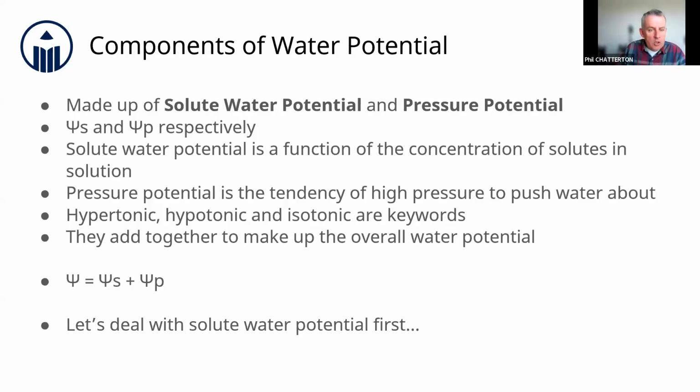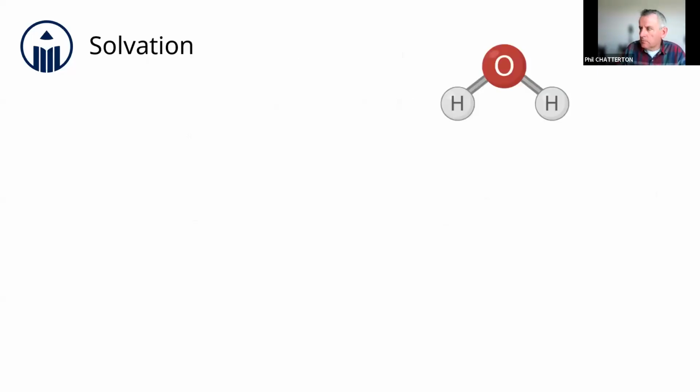Now, solute water potential. We're going to talk about solvation. This is the way that water acts to dissolve other things. You'll know from previous subtopics that water is often known as the universal solvent. It's very, very good at dissolving other things. It's one of its important properties that makes it important for life. And there it is, H2O in its particular configuration.